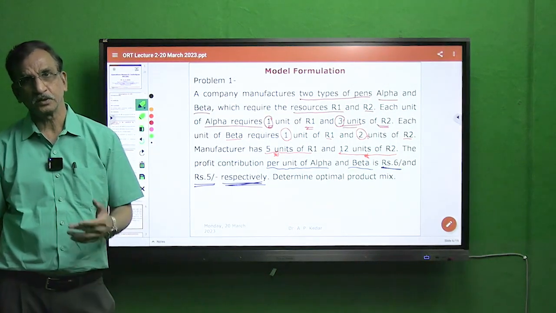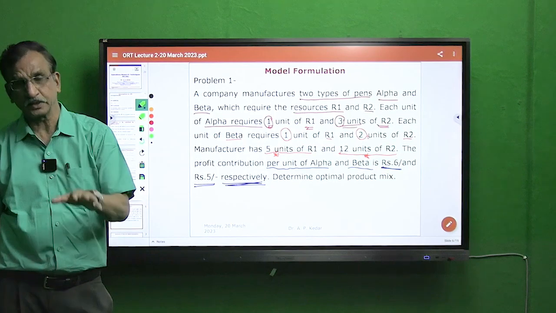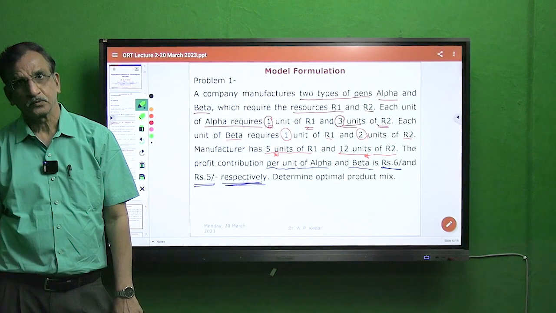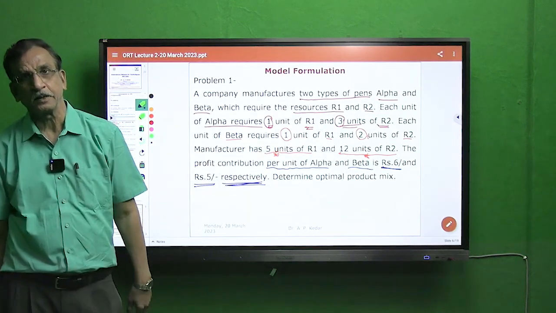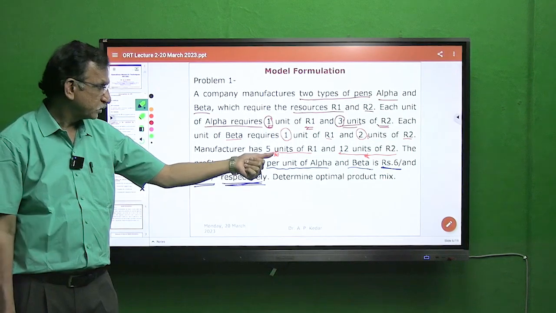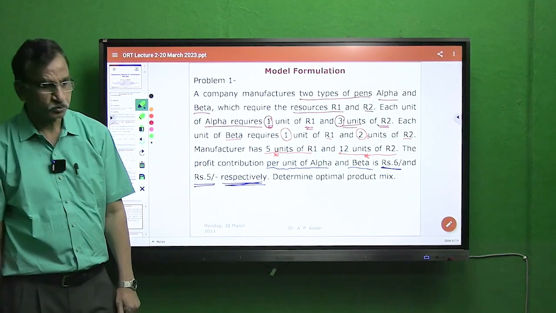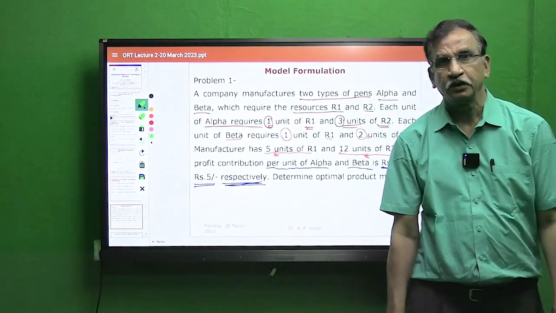Hypothetically, suppose we say that he sells, hypothetically I am saying, 5 units of alpha, then 5 into 6 is the profit earned by the manufacturer, and suppose he sells 10 units of beta, so 10 into 5, 50 rupees is the profit earned by the manufacturer.